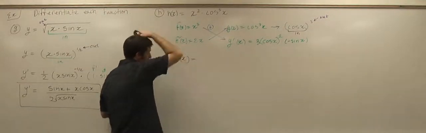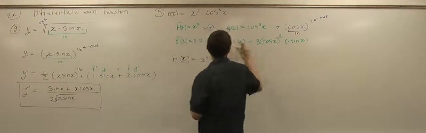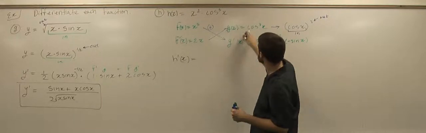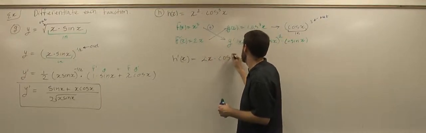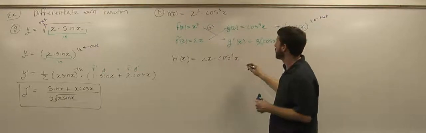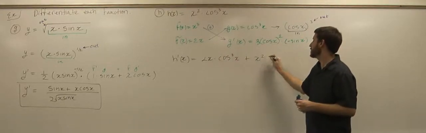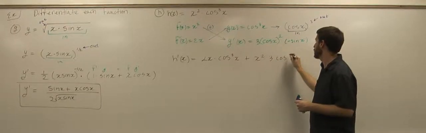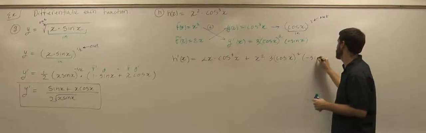So 2x times cos cubed x plus, since it's product rule, x squared times 3 cos x squared times negative sine x.